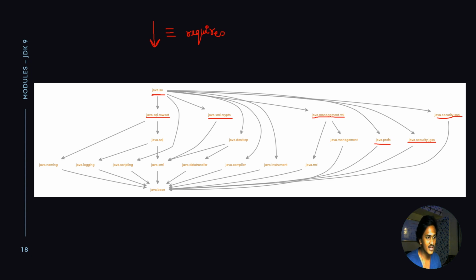It requires Java instrument, Java compiler, Java desktop. Then again, Java desktop requires Java data transfer, Java XML. Java SQL rowset requires SQL, which requires logging and XML as well. SQL rowset requires Java naming, and all of these modules are required by java.base.